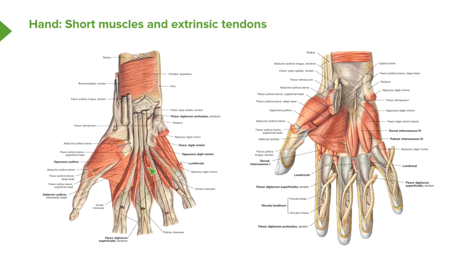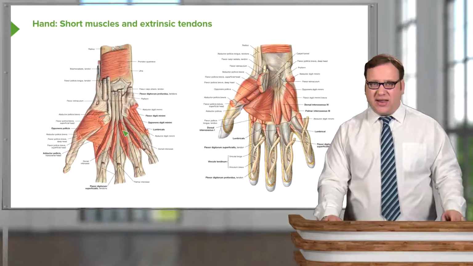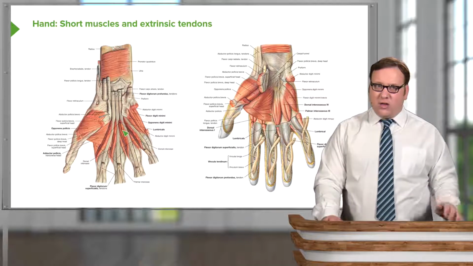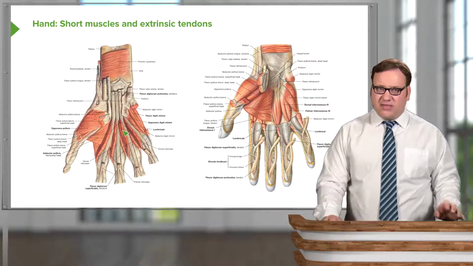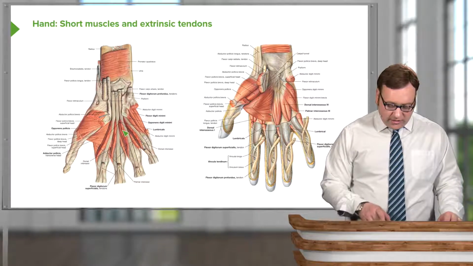We can see we have one here and we have one here. So we have four lumbricals together. Notice how they all originate from the tendon of flexor digitorum profundus, and they don't work on the thumb. They don't work on the first digit. They're only associated with digits 2, 3, 4, and 5.